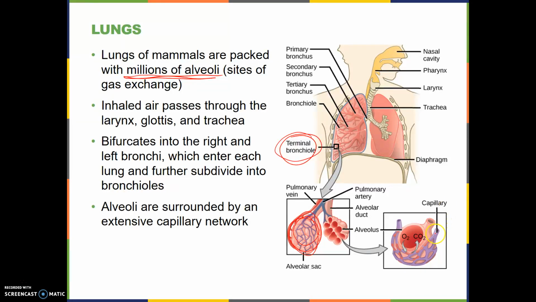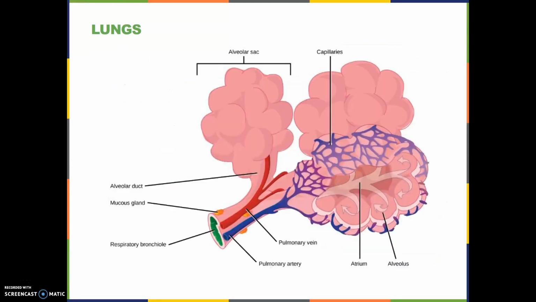And you can see the capillaries are wrapped around each alveolus, and oxygen is going to leave the alveolus and enter the blood, and carbon dioxide will leave the blood and enter the alveolus. And this is just a blow up of alveoli and alveolar sacs. The alveolar duct, one duct leads to each sac.